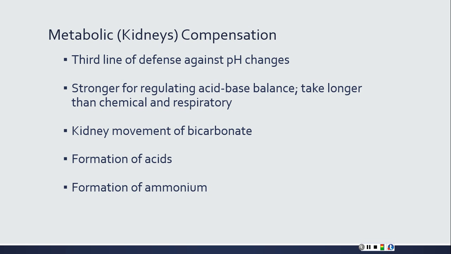We're talking about causes, not compensation. But if the bicarb level goes up, the pH level is also going to go up. I don't want you to get confused with that yet. The kidneys control how much bicarb is in the system, therefore manipulating the pH.